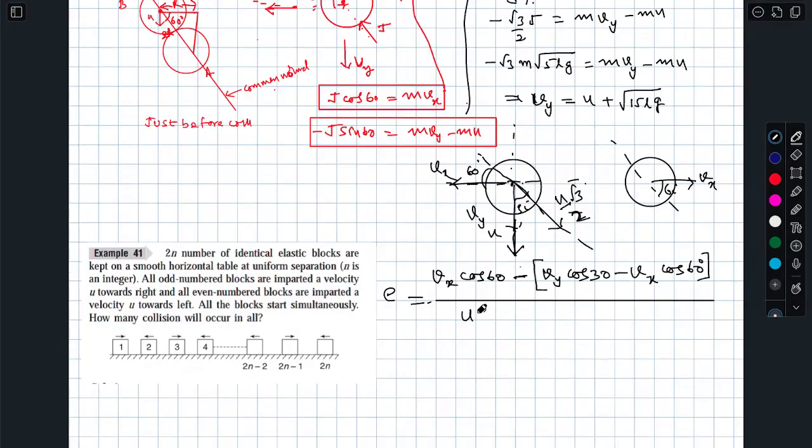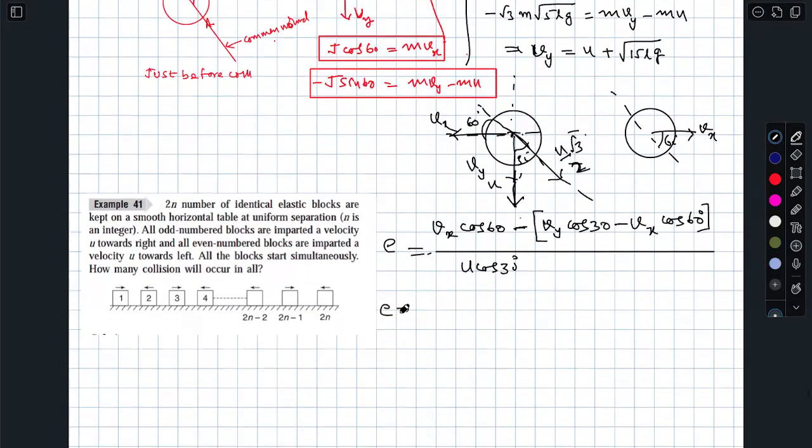Isn't it? Coefficient of restitution is 1 actually. E is equal to 1.